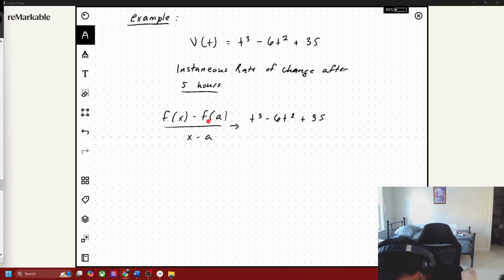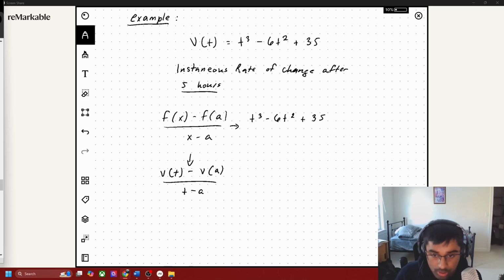And then f of 5, or V of 5, really. Let me fix that before anyone comments angrily. Yeah, they're just variables. They can have any designation they want. It doesn't matter too much, right?